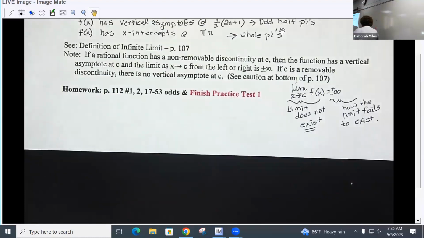You write a limit equals infinity. That does not mean the limit exists. Now we have x is going to, y is going to infinity or negative infinity. Rather than writing does not exist, we're gonna write positive infinity or negative infinity.